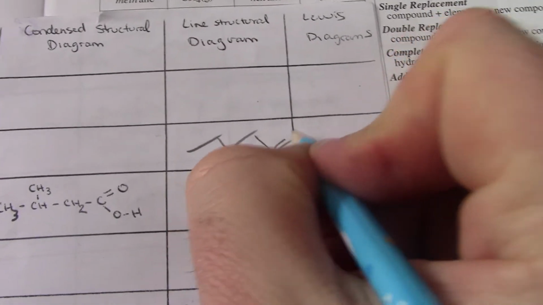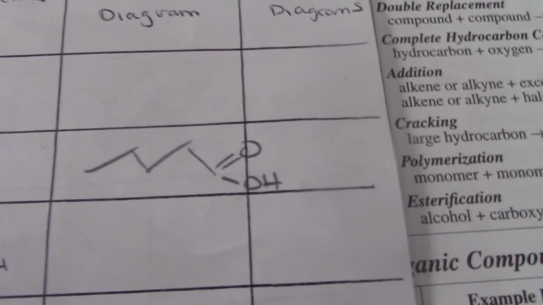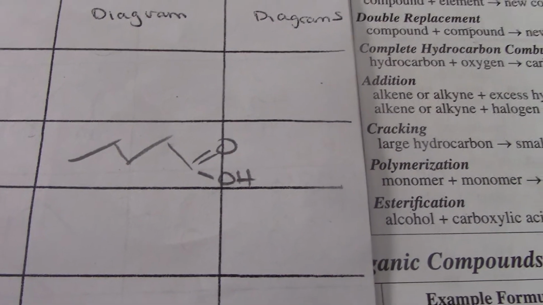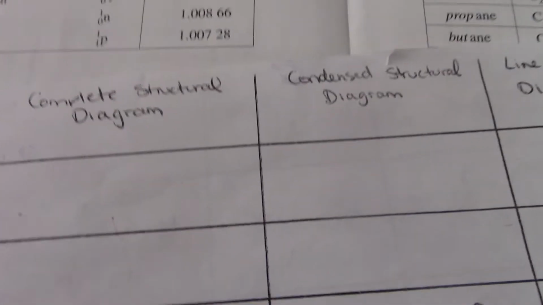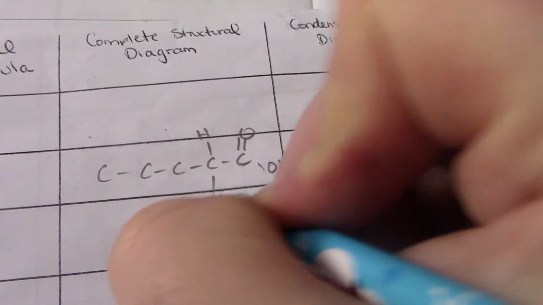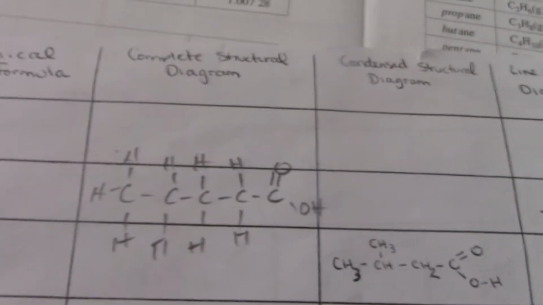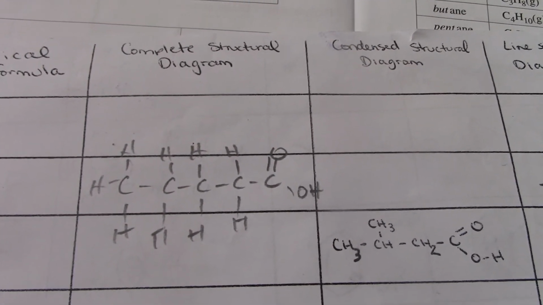And so what happens is on the end, I just add my functional groups and then I'm done. Okay. So let's draw a complete structural diagram for that. So that's my complete structural diagram for pentanoic acid.